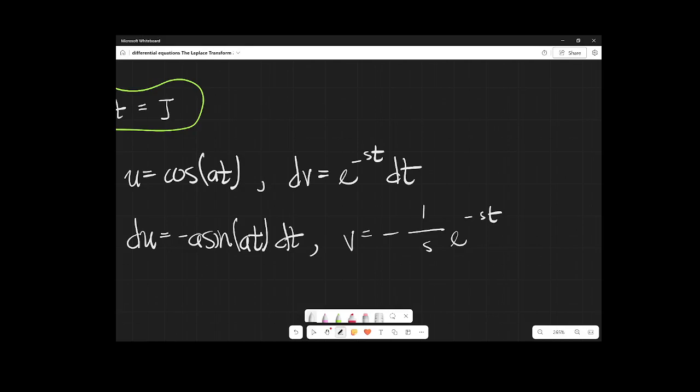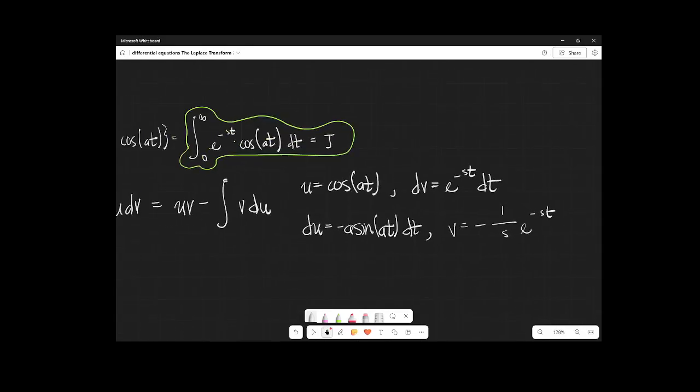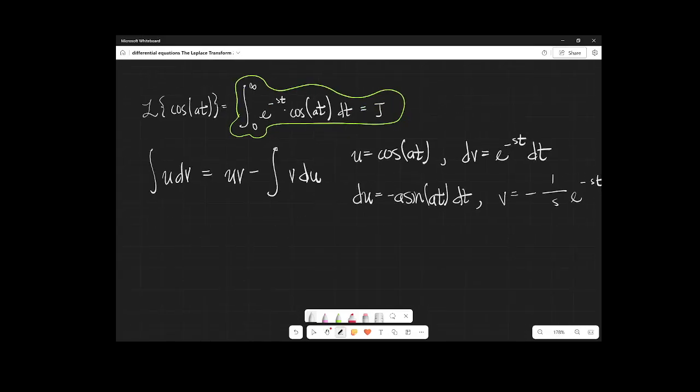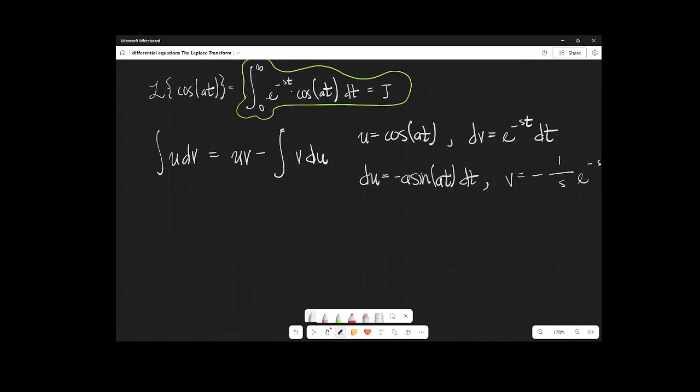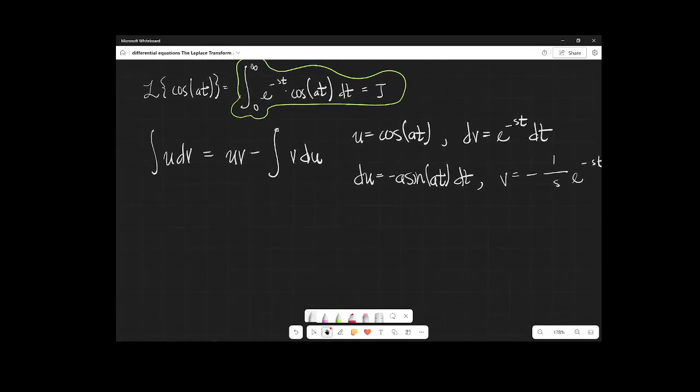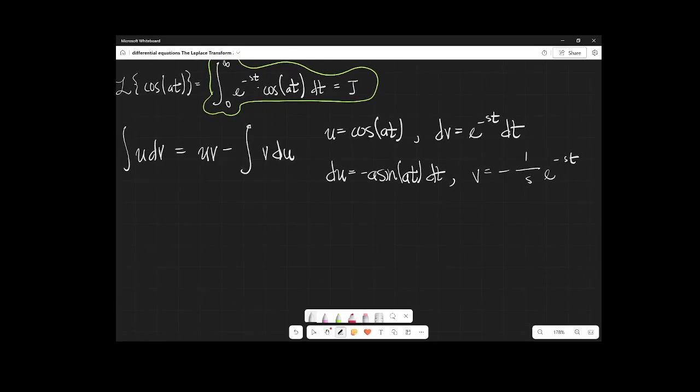All right. Now, that means that j is equal to uv, right? So uv minus v du.